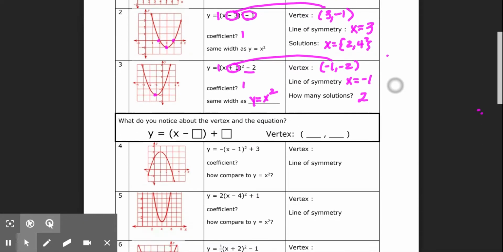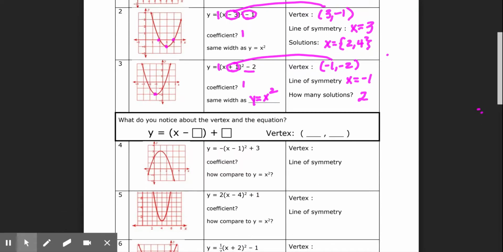So if you don't have a picture of your graph, one thing you can do is, what do you notice about the vertex in the equation? So x minus h, the sign right here, to get your vertex. So if you have a negative h, it's the opposite.